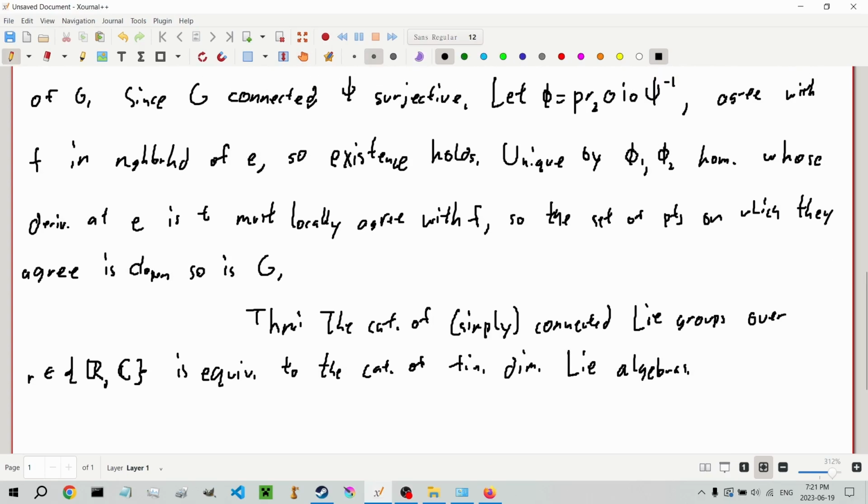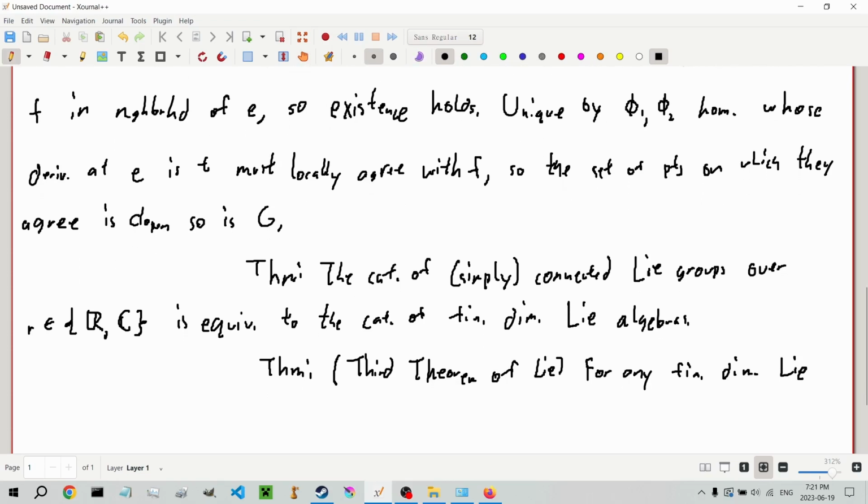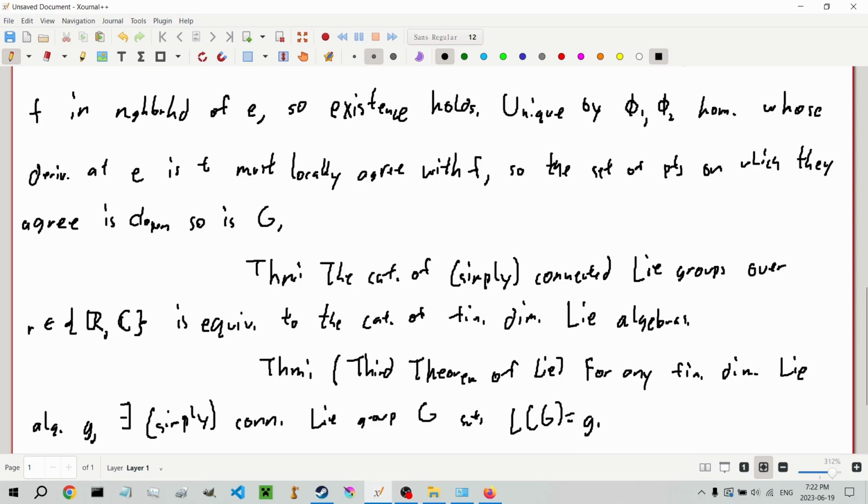Now as I said, we already have our bijection of the maps. So the rest of what we need is given in the third theorem, which is the titular third theorem of Lie, which states that for any finite dimensional Lie algebra g, there exists a both connected and simply connected Lie group G such that the associated algebra of G is our given algebra.